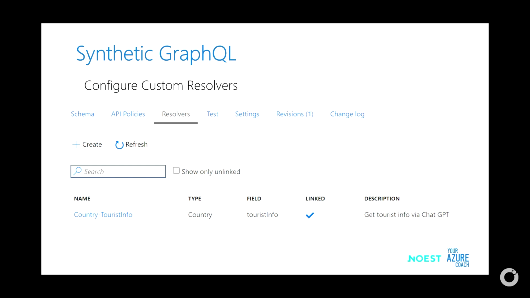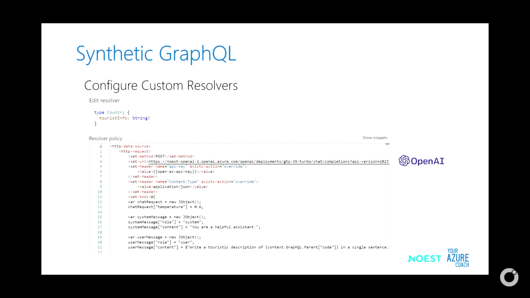This is how that looks. If on the type country you request the tourist info, API Management will send that call to the policy that you configure here. So it's an HTTP data source. I say to it, please do a POST to my OpenAI GPT-3.5 Turbo model.